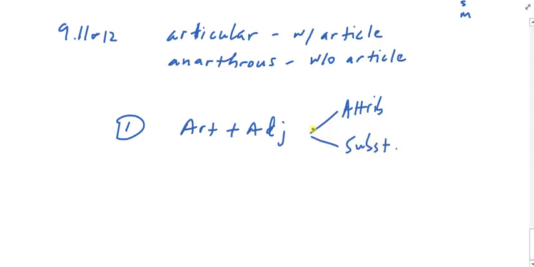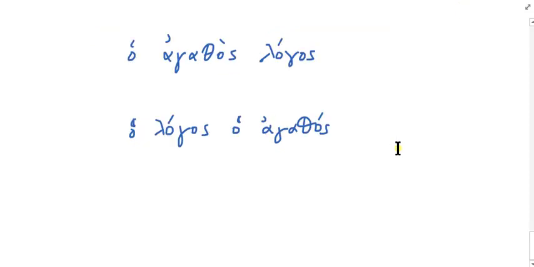All right. Remember, a substantival adjective is basically an attributive adjective without the noun. So you're going to see a lot of similarities between these two. So if there's an article immediately in front of the adjective, that is to say, if the adjective is articular, then it's going to be one of these two possibilities. Let's look at a couple of examples here.